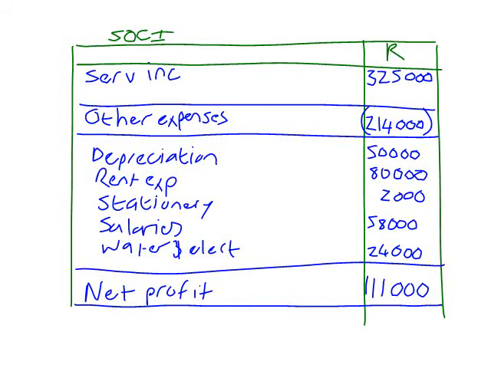We are also asked to draw up the statement of changes in equity. This will be the statement of changes in equity. We know that equity, as mentioned before, consists of 4 components, namely capital, income, drawings, and expenses.